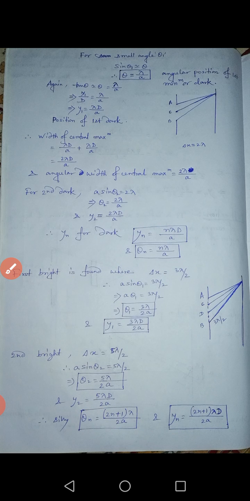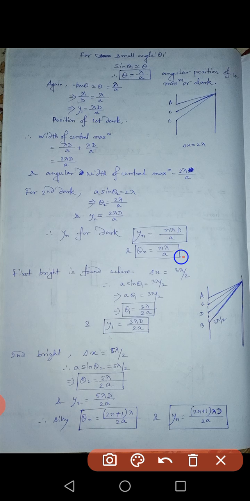Fringe width. One very important thing that I will say here. Though for 3 lambda by 2 we are getting a bright point, and for 5 lambda by 2 we are getting a bright point, the intensity of the brightness will keep on reducing. The reason is, in this case, which part of the slit is contributing to the bright point?